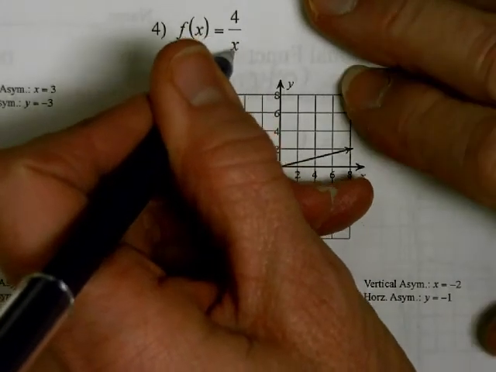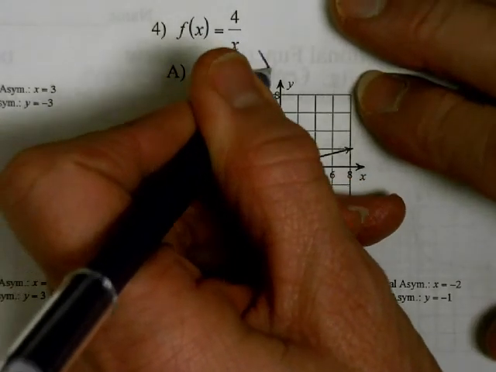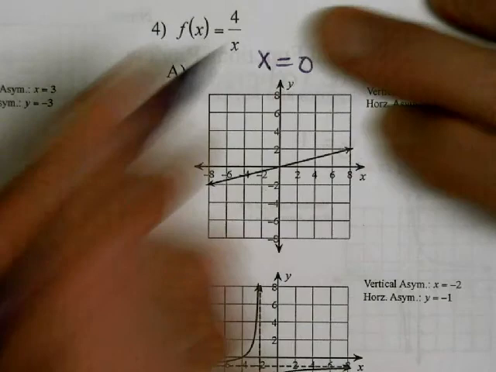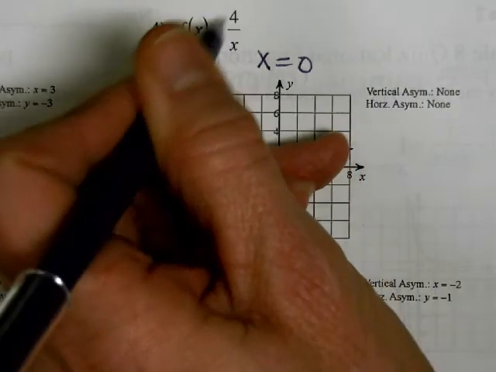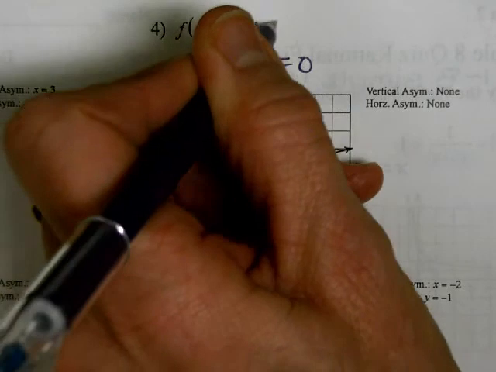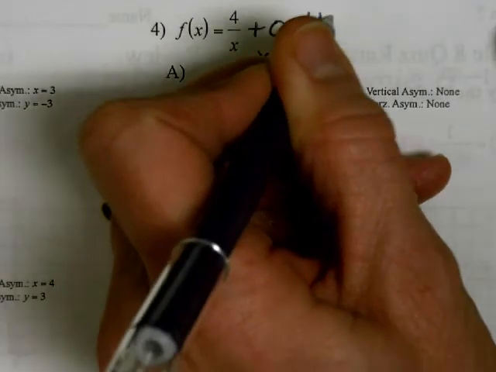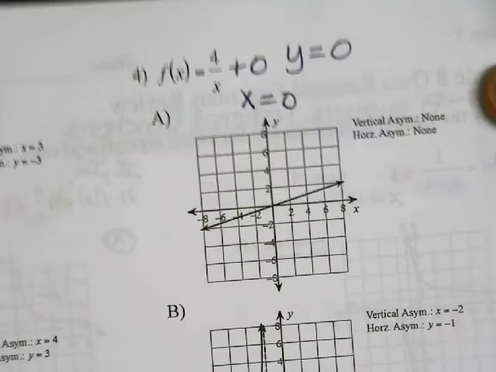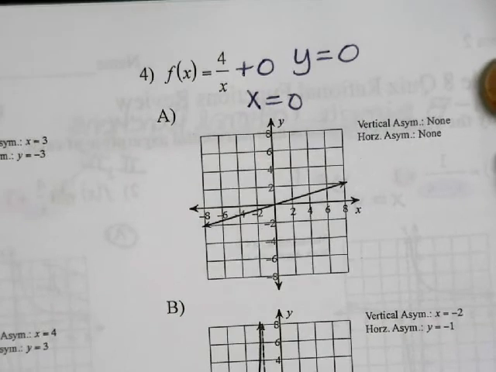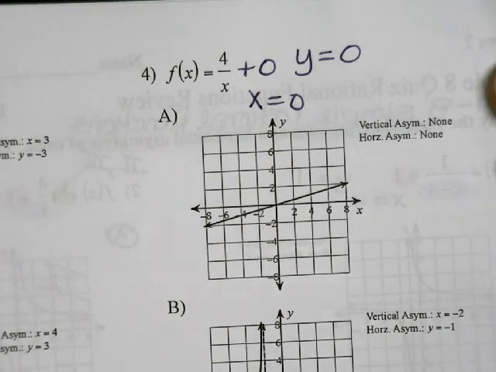Remember, what will make this denominator 0? X equals 0. And what's being added to this fraction? Y will never be 0. Crazy, huh? So we're shooting for that.